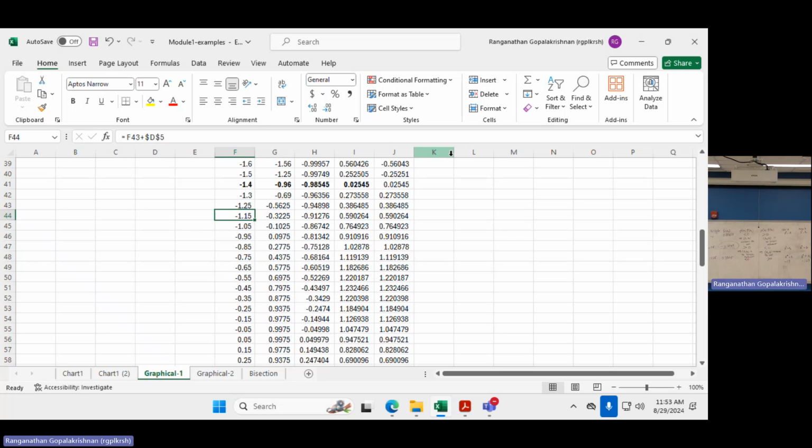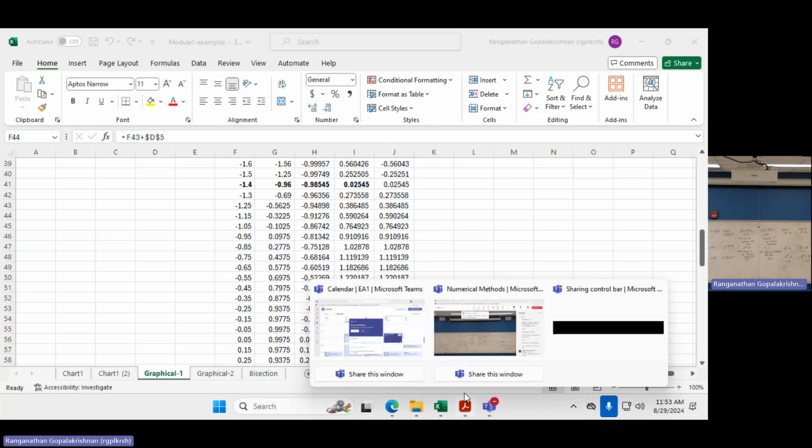Others, were you able to do this iteration by yourself? Yes, no? Getting there, still working on it. I'll give you a couple more minutes, okay, and then we'll try to do one more iteration together.